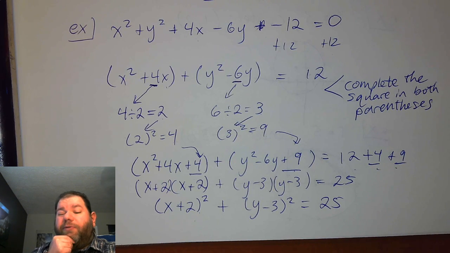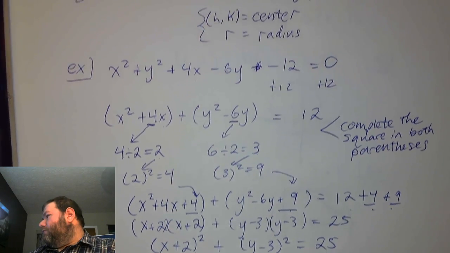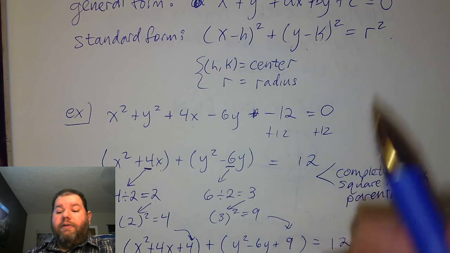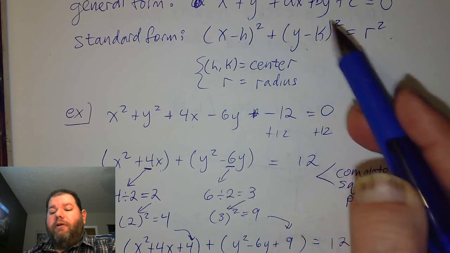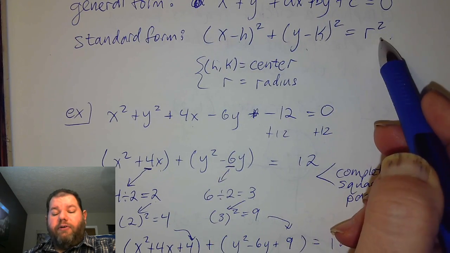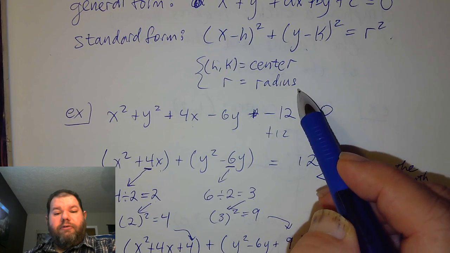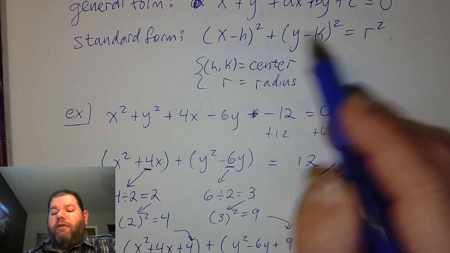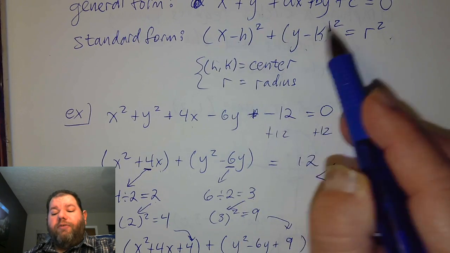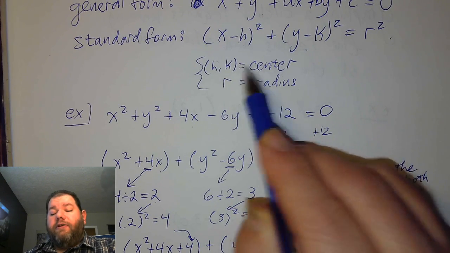Now, here's where it's a little bit tricky still. If we go back and look at the standard form, our equation was x minus h squared plus y minus k squared equals r squared, where h and k is the center and r is equal to the radius. Now, h and k, notice that even though this is minus h and minus k, we said positive h and positive k are the center.